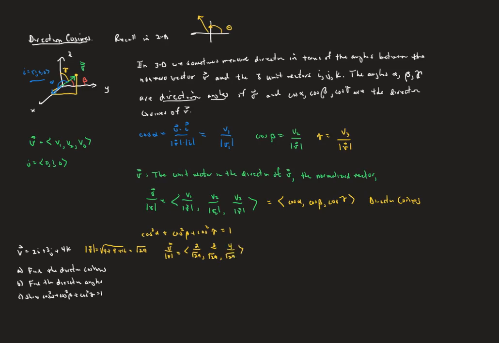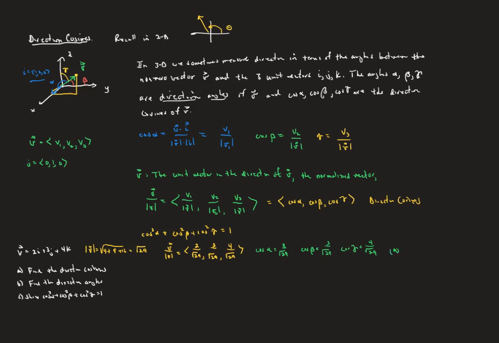So there is our unit vector in the direction of v. And we know that cosine of alpha is going to be that 2 over the square root of 29. And the cosine of beta is going to be 3 over the square root of 29. And the cosine of gamma is 4 over the square root of 29. So we found the direction cosines, so that's part A that we did right there.